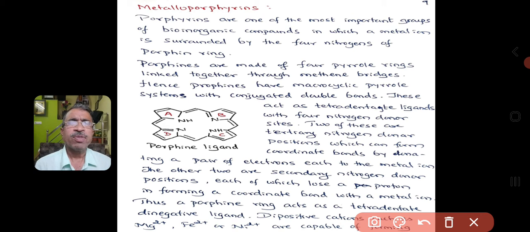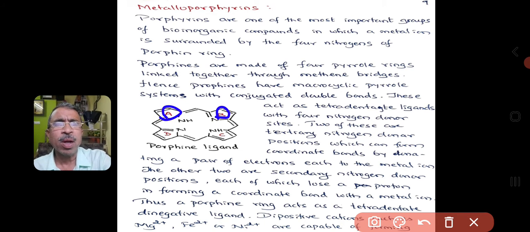So that's why I have said the porphyrin ring or porphine ring contains four nitrogens. These porphyrins are made up of four pyrrole rings. So this is A, a pyrrole ring, B is a pyrrole ring, C is a pyrrole ring and D is a pyrrole ring.